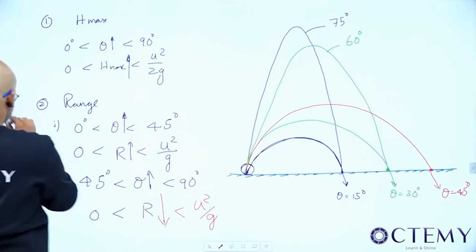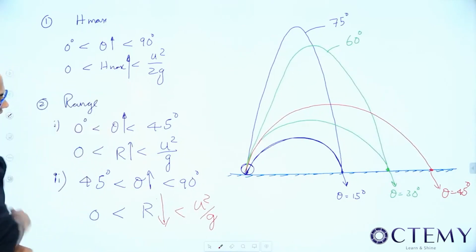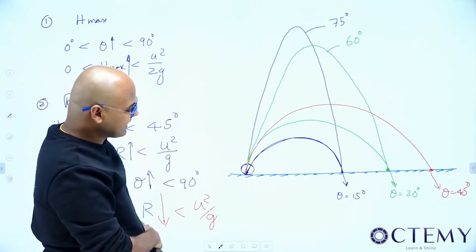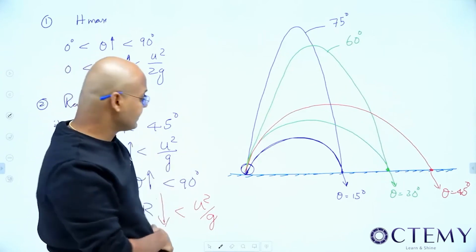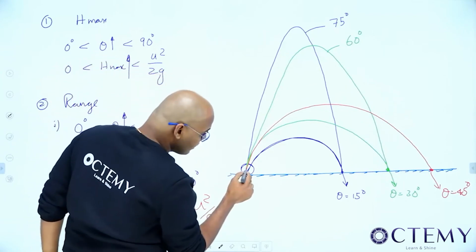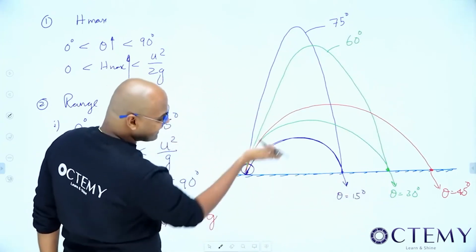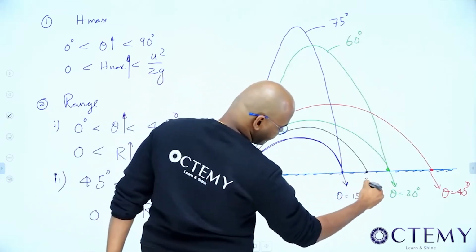Let us say if I go on with an angle, theta equal to 20 degrees. Now how it will go? It will have a range greater than 15, less than 30, height greater than 15, less than 30. So it will go like this, 20 degrees.